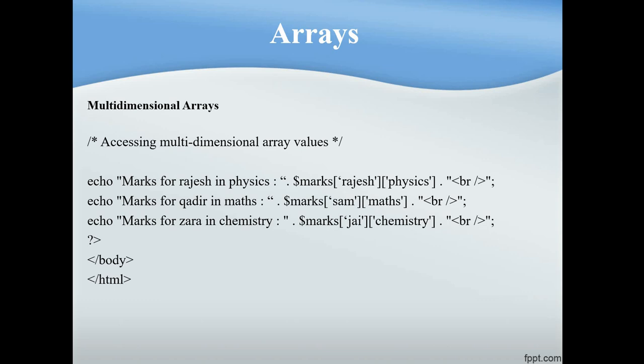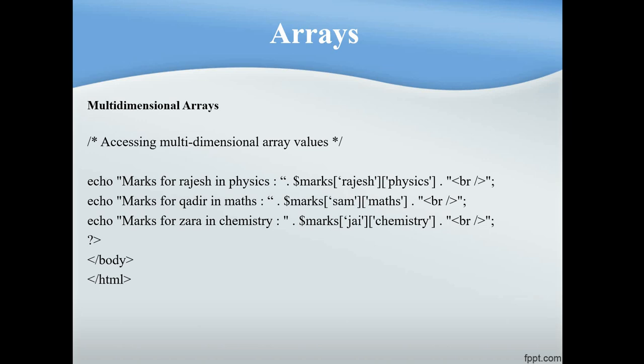Again, we are going to get Sam's maths marks. So here we are using two indexes, that is Sam as well as maths, and for J we are using J as well as chemistry marks.